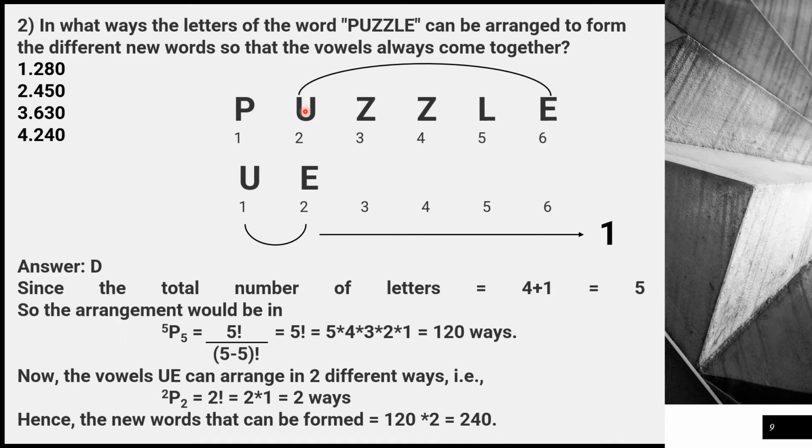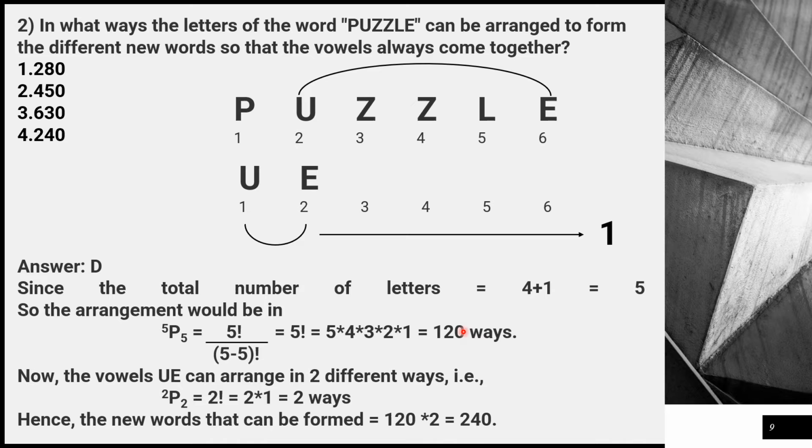Now if you take U and E as one entity, the remaining are 4 letters, so the total becomes 5. There are 5 letters and 5 places, so it becomes 5P5, that gives 120.